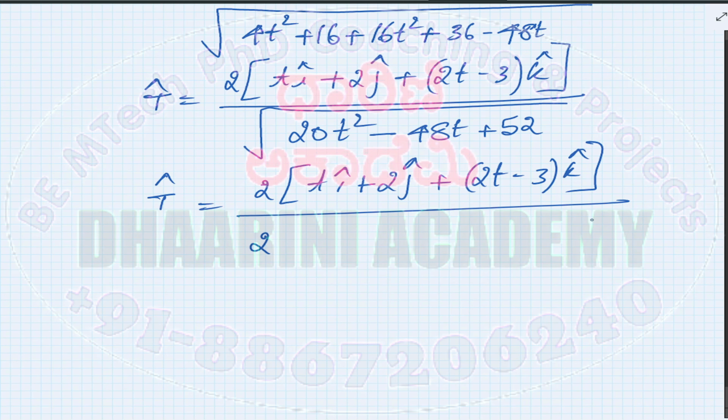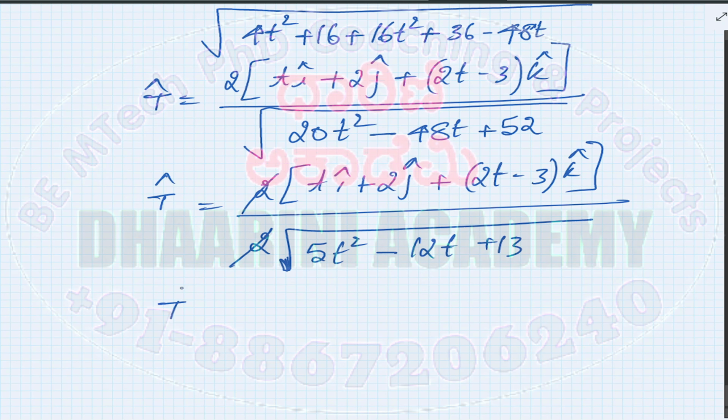So 2 root of, right, I am taking 4 outside from the square root, so root of 4 is 2. So 4 5s are 20, so this is 5t square minus 12t plus 13. Now you can see that the 2 will get cancelled.